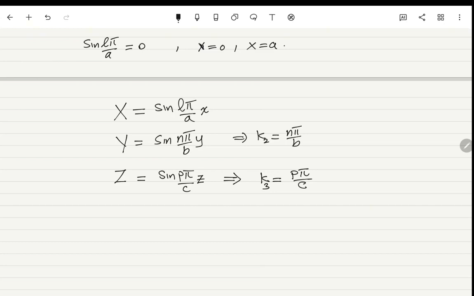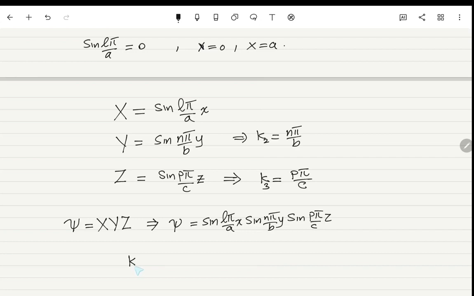Now remember, psi is equal to XYZ, therefore psi will be equal to sine L pi over a x, sine n pi over b y, sine p pi over c z.